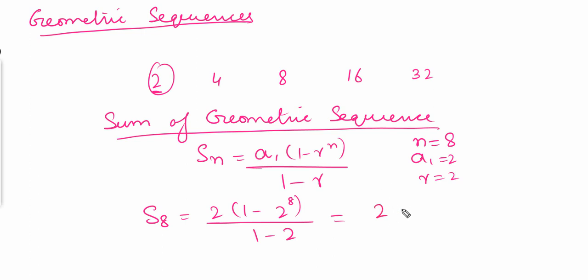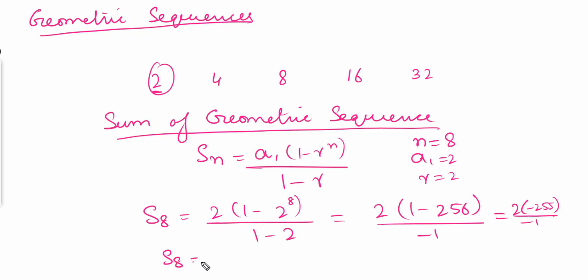So it'll be 2 times 1 minus 2 to the power of 8. So 2 to the power of 8 will be equal to 256, divided by 1 minus 2, that is minus 1. So 1 minus 256 is equal to minus 255, and 2 times minus 255 over minus 1, so that will give me negative 510 over minus 1.